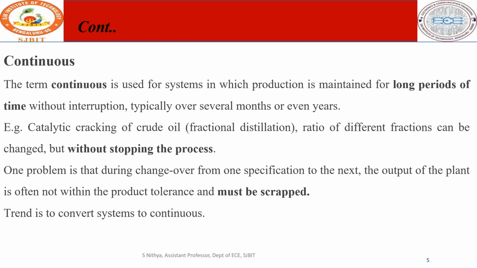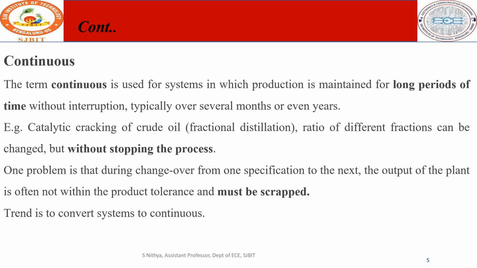One of the disadvantages of this continuous process is that during the changeover from one specification to the next, the output of the plant is often not within the product tolerance, and it must be scrapped.